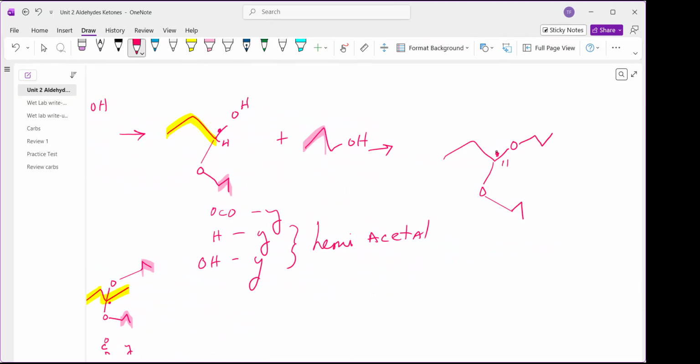And there's still an H there. Okay, so let's do the analysis again. So we have OCO, a yes. H is a yes. H right here. And OH, no. So this means it's an acetal.